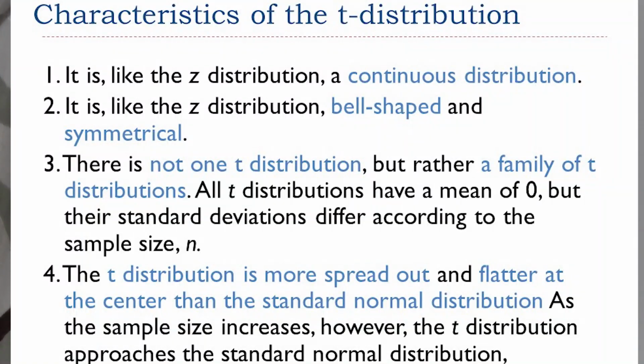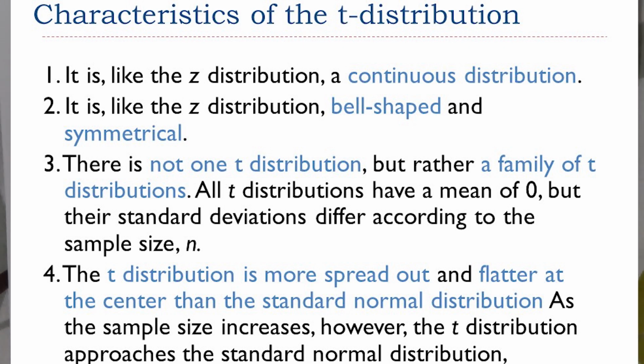So what is the T-distribution? It is like the z-distribution, a continuous distribution, bell-shaped and symmetrical. There is not one T-distribution, but rather a family of T-distributions. All T-distributions have a mean of 0, but their standard deviation differs according to their sample size.